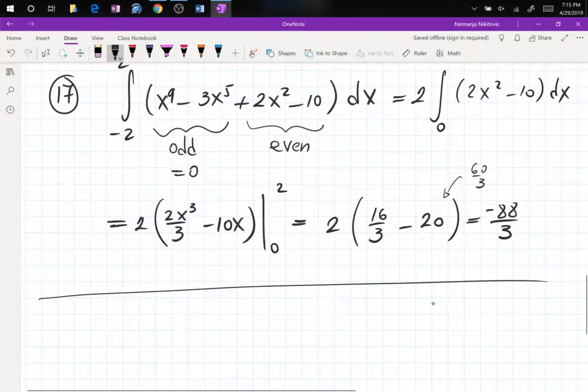In time, you learn which ones to ignore, which ones not. Again, it's kind of dangerous because you invest a lot of time and effort in memorizing even and odd and reviewing all of that, and then you don't do it on a symmetric interval and it's wrong, right? This is only for a symmetric interval.